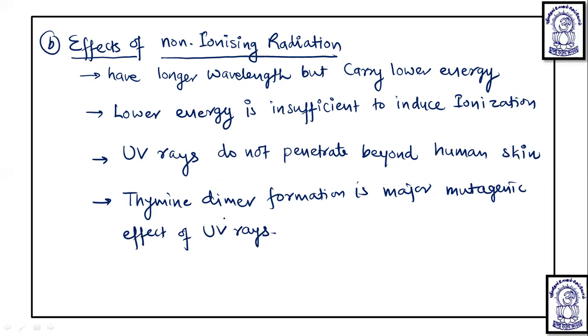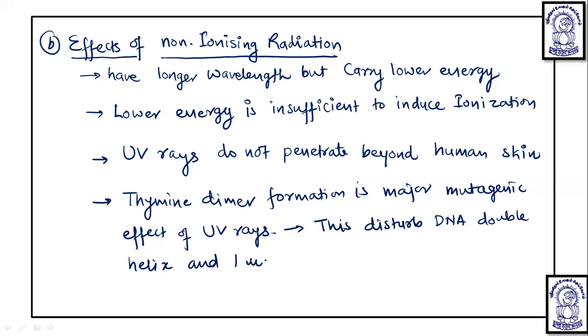Because in DNA thymine cannot be in a dimer form, if this dimer forms due to the UV rays, it disturbs the DNA double helix, and thus it also disturbs DNA replication.